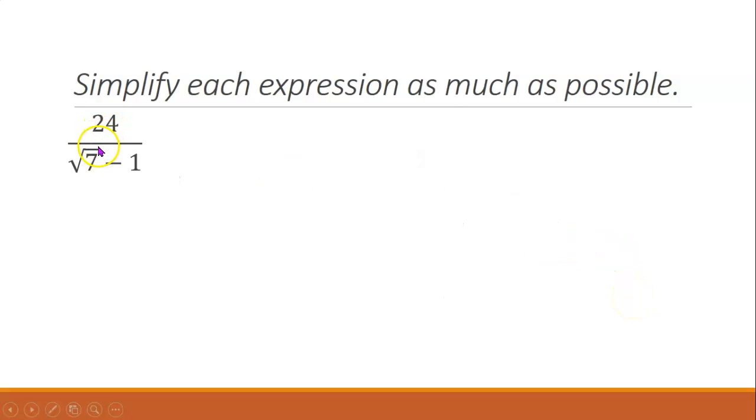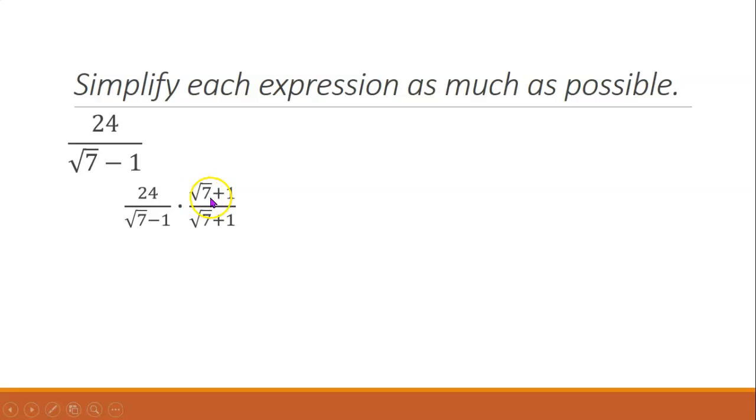How about this? 24 over the square root of 7 minus 1. The trick to rationalizing a denominator like this, that has more than one term, is to multiply by the conjugate, the thing that has the opposite sign in the middle. So in this case, that would be the square root of 7 plus 1.